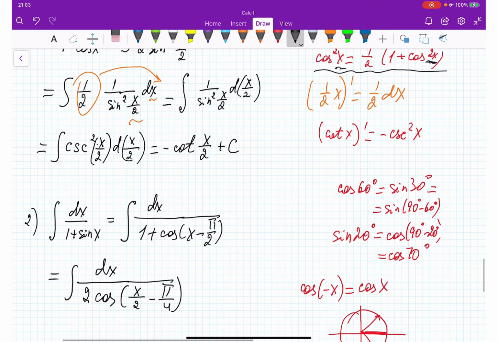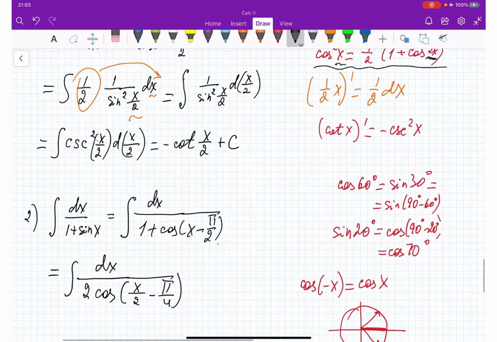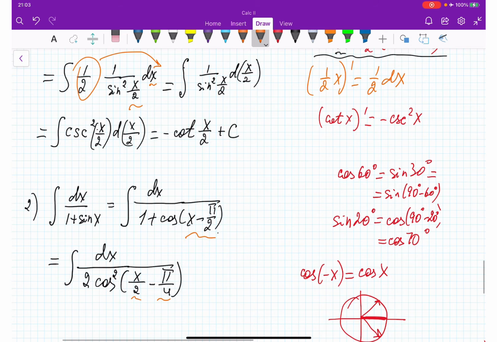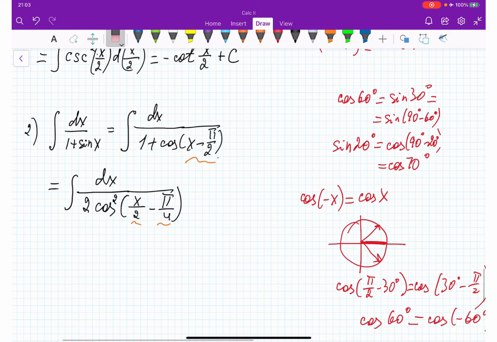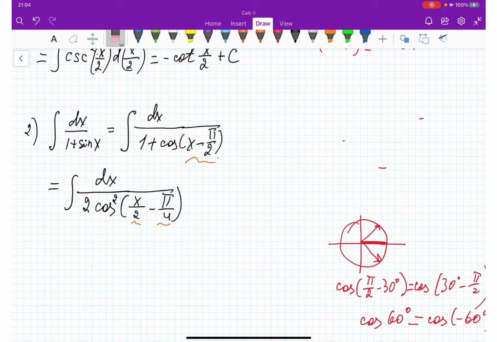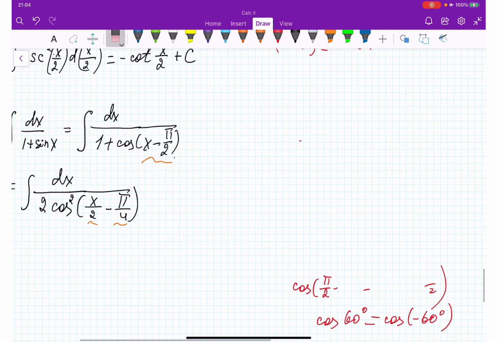Since I have here x minus half a pi, if I take half of this angle, it's going to be cosine squared of x over 2 minus pi over 4. Yes? Okay. And from here, let me clean this drafting so it won't take space.